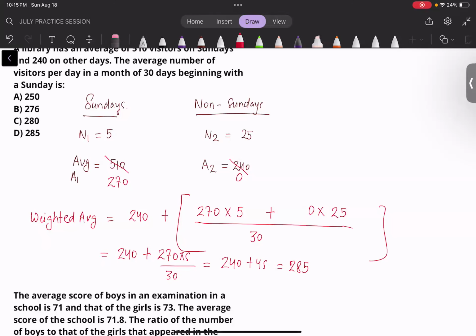Whatever value I choose, I will subtract it. My dear, if I choose either 510 or 240, one value will become 0. So I am choosing 240 so that one deviation becomes 0 and one calculation becomes 0 overall. So that is the benefit. Understood? All of you clear with this?